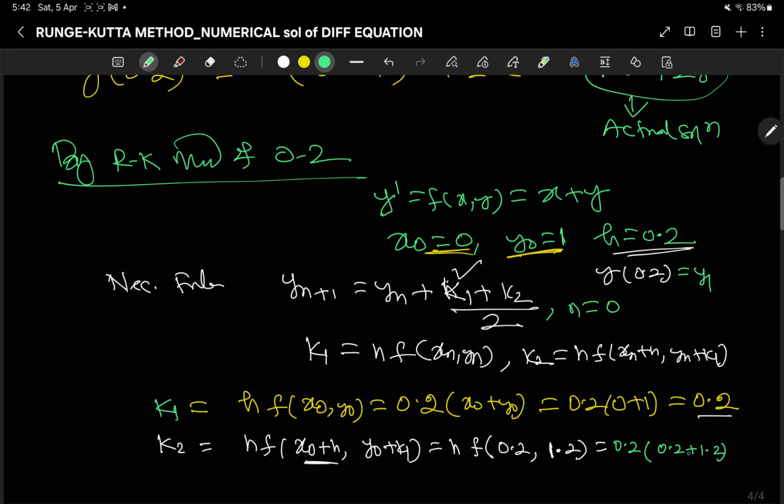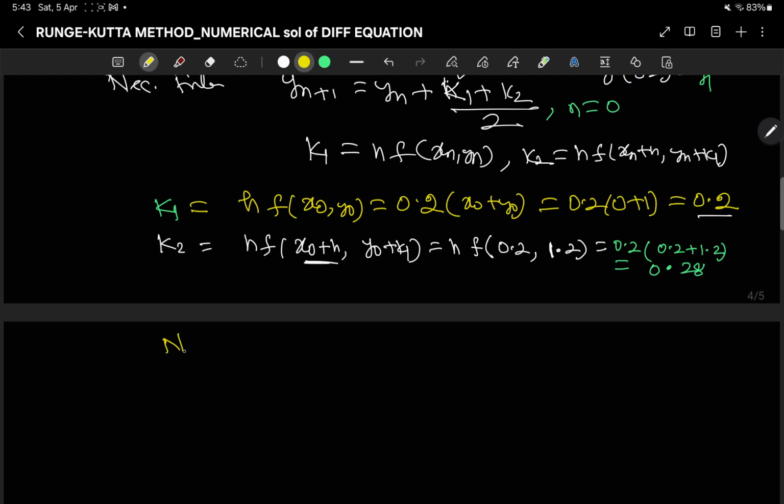If you simplify it, it will be 0.28. Okay. Now what is your y1? Now y1 is y of x1, which means y of 0.2 is equal to y0 plus (k1 plus k2) divided by 2.